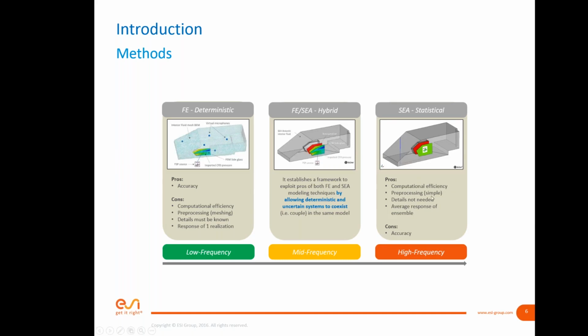But it's also computationally efficient, and preprocessing is more simple in general. And this is at medium frequency, so you can take the best of both approaches depending on your frequency range of interest.